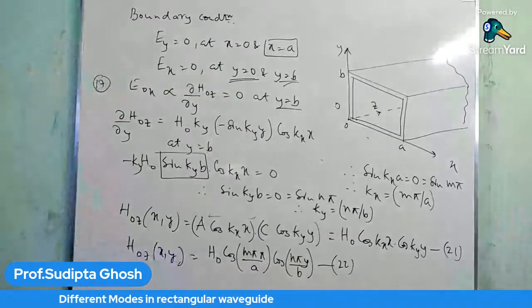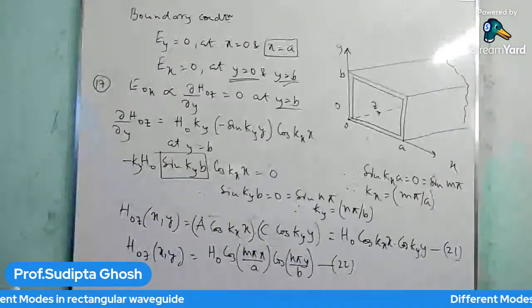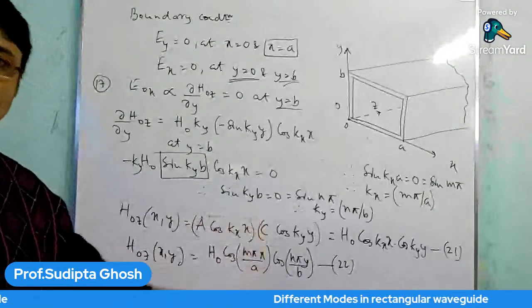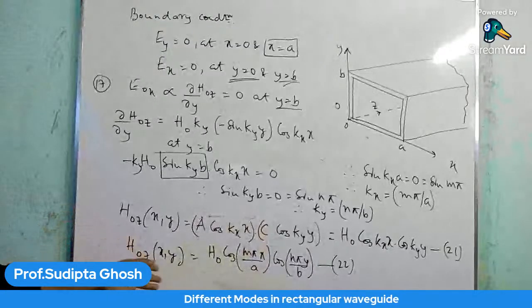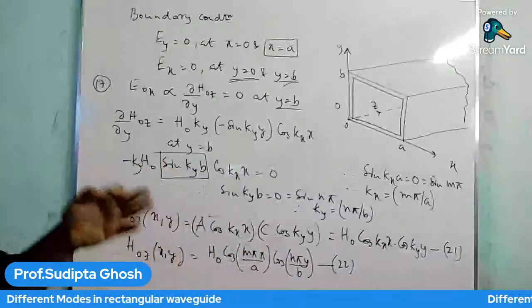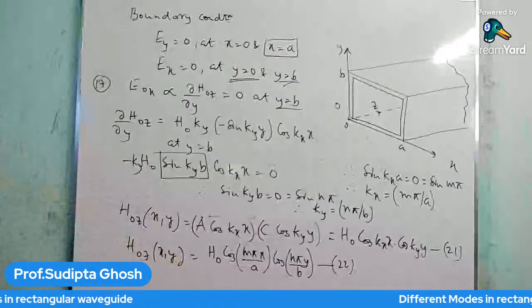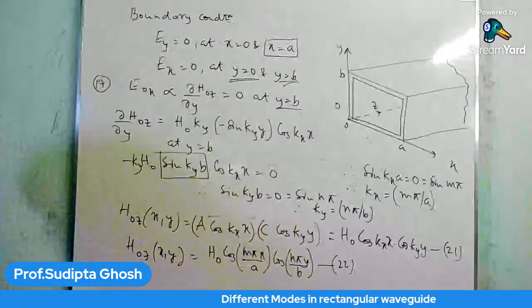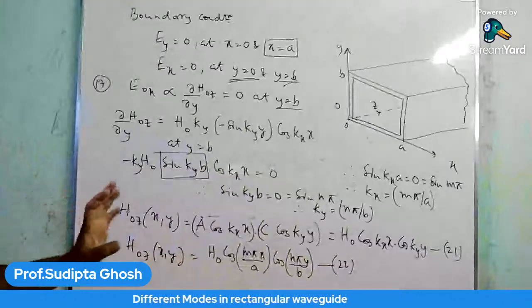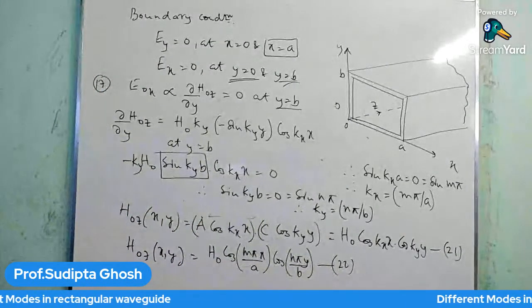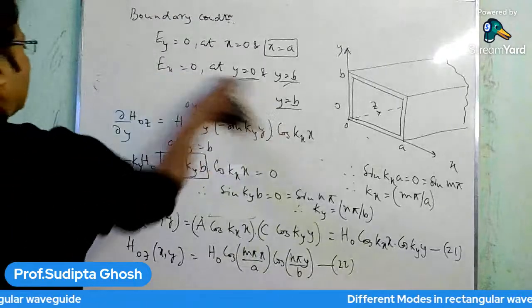Now, as the value of M equals 0, N equals 0, we have cos 0 means 1. So HOZ XY equals, for M equals 0, if you have to find out the different transverse electric field, that is TE. Now let's find another important aspect, as we have the values of Kx and Ky here.